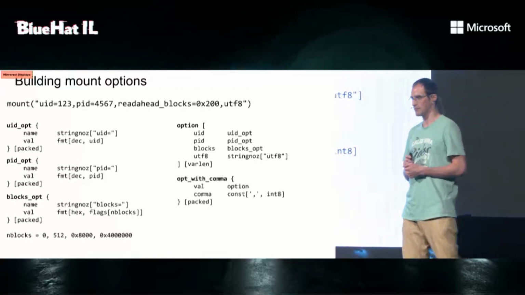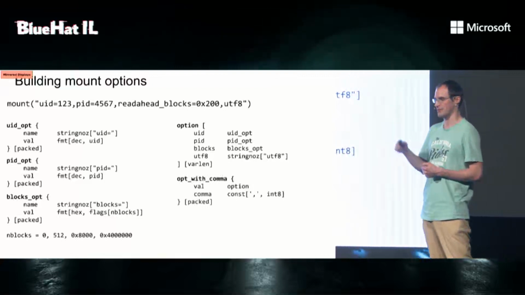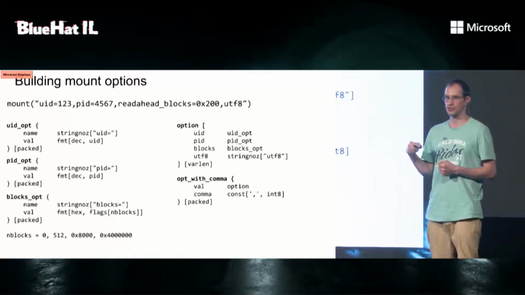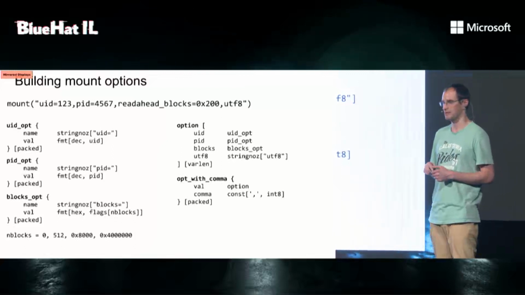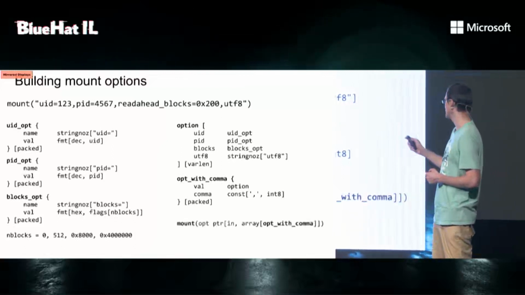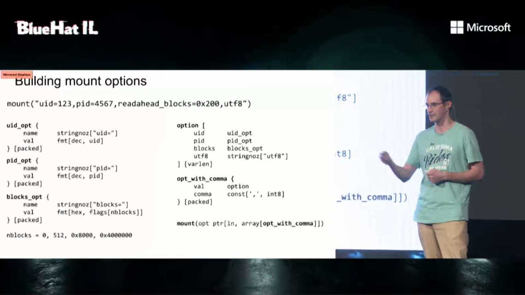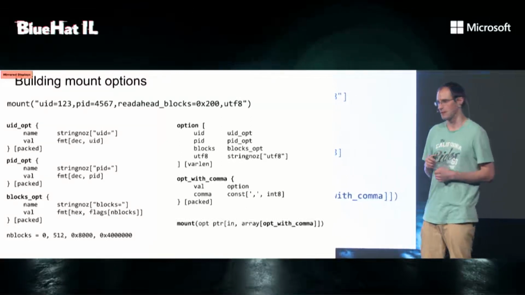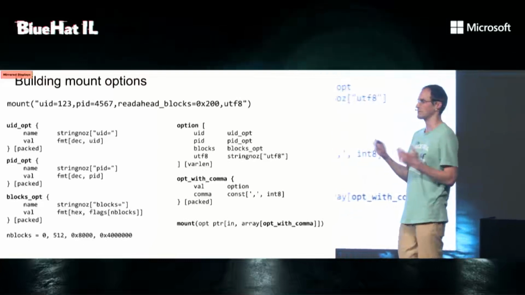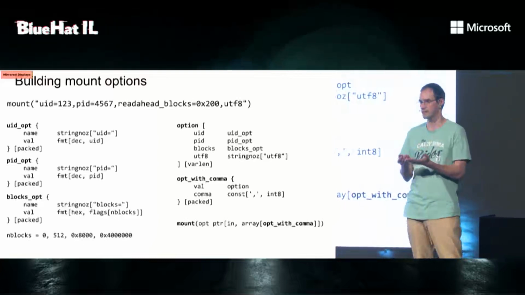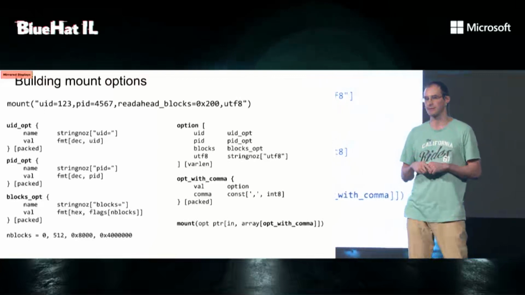And finally, we describe option with comma, which is again a structure. It contains our option union and a comma byte after it. And finally, we can describe the mount system call as accepting a pointer to an array of such option with comma. So you may not think of a string as an array of structures, but why not? We actually can describe it this way.